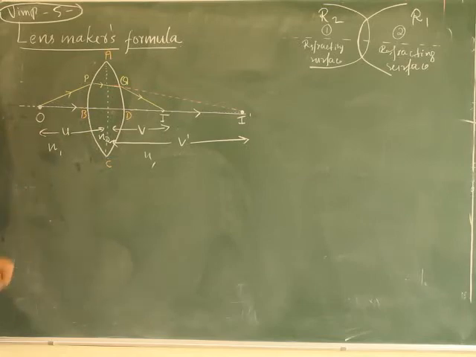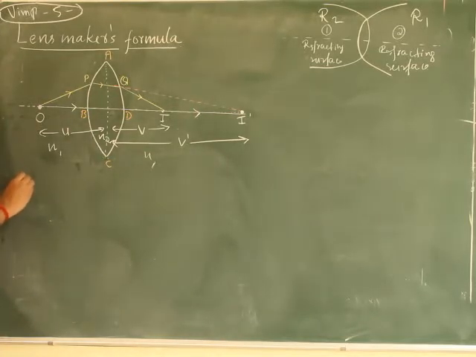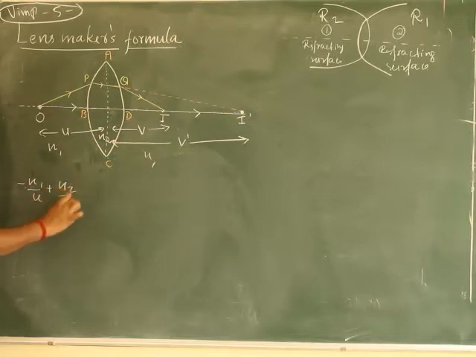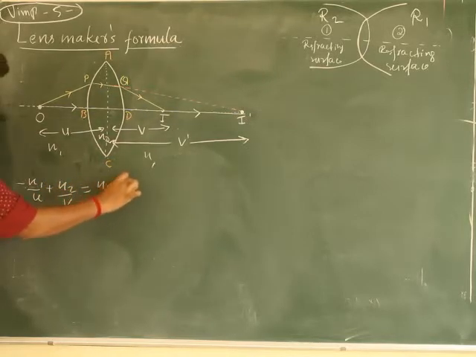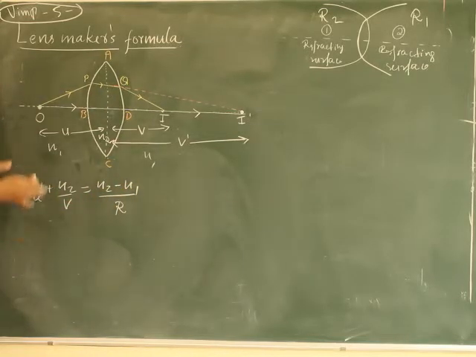Next, we have to mention the formula for a spherical refracting surface. You might be remembering, a spherical refracting surface is given by: minus N1 by U plus N2 by V is equal to (N2 minus N1) divided by R. Correct? How to write this? You have to write in words, okay?